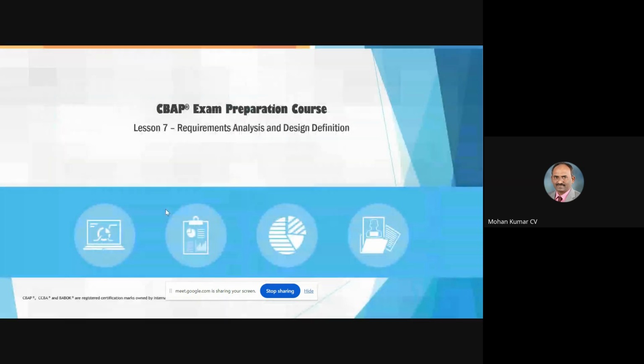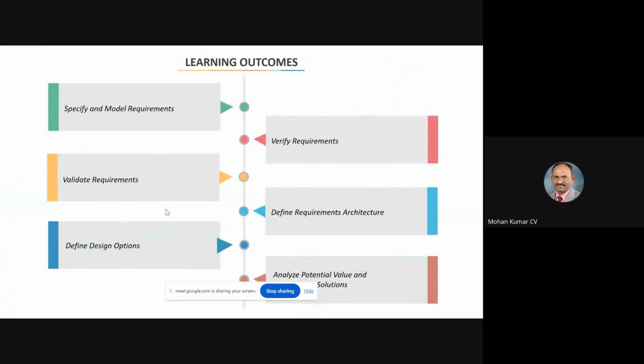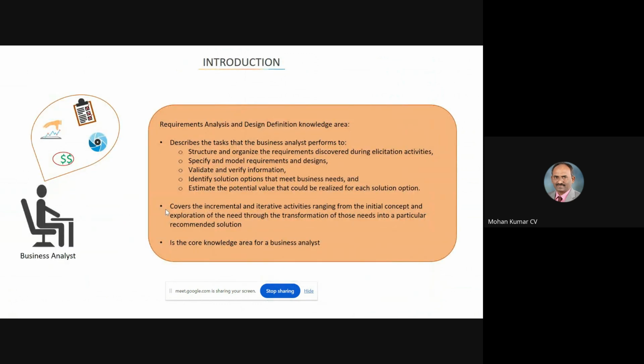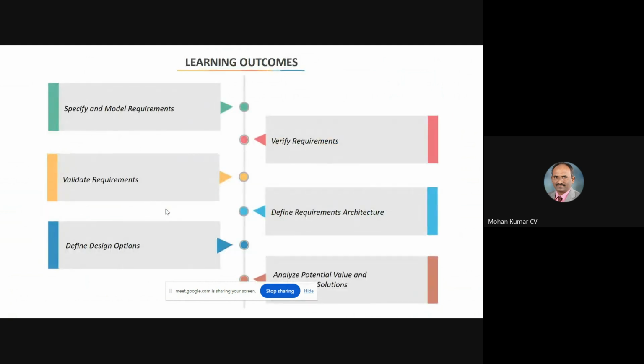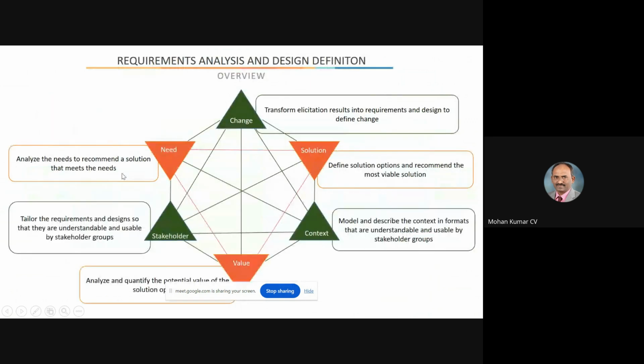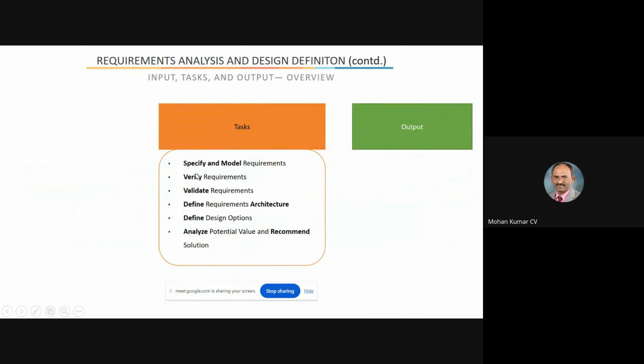As I was mentioning, Fola, we are discussing the requirement analysis and design definition knowledge area. The tasks we need to talk about are: specify and model requirements, verify requirements, validate requirements, define requirements architecture, define design options, analyze potential value, and recommend solution.